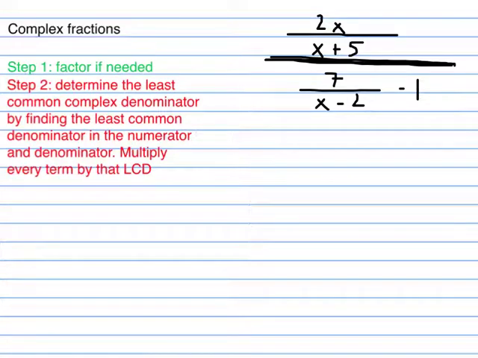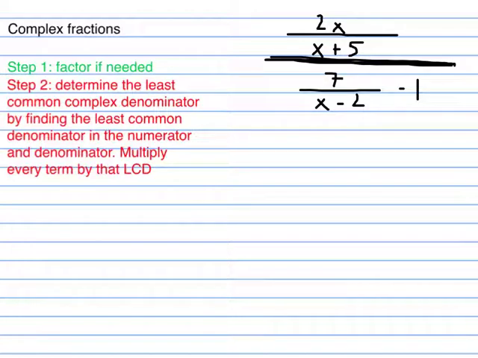Alright, let's go over what a complex fraction is first. A complex fraction, if you look at this problem, has a division sign, with a rational expression on top of the division sign and a rational expression on the bottom. So you have multiple division signs inside of a fraction. The first thing you want to do is factor if you need to.